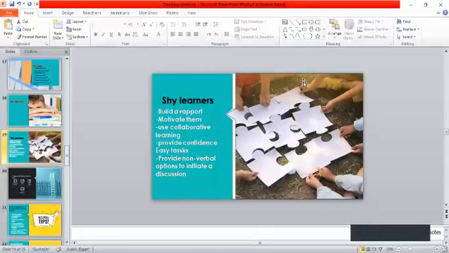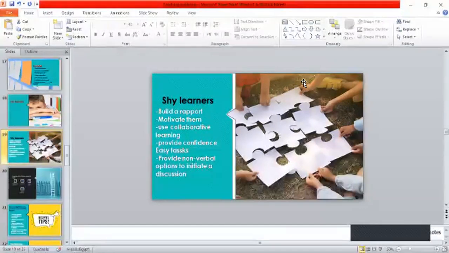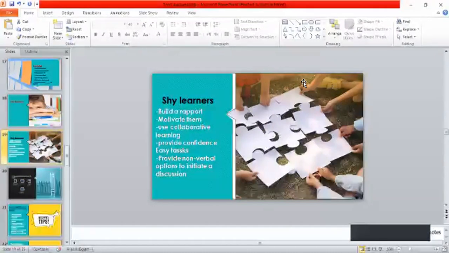Once you speak about a topic and you want to engage your shy learners, you can start with a non-verbal option. I used to use non-verbal options like clap your hands and stamp your feet. They got engaged after that and began to speak. Okay, this is for shy learners.